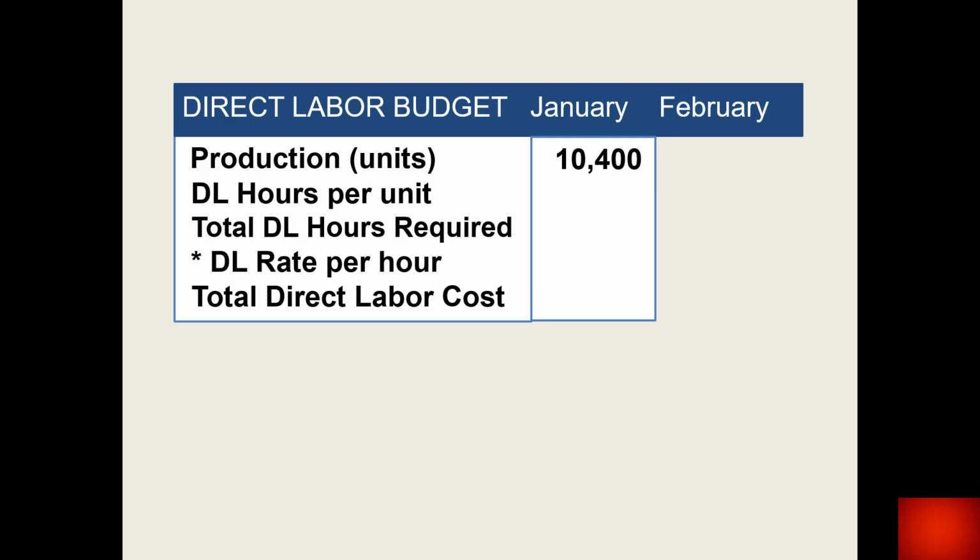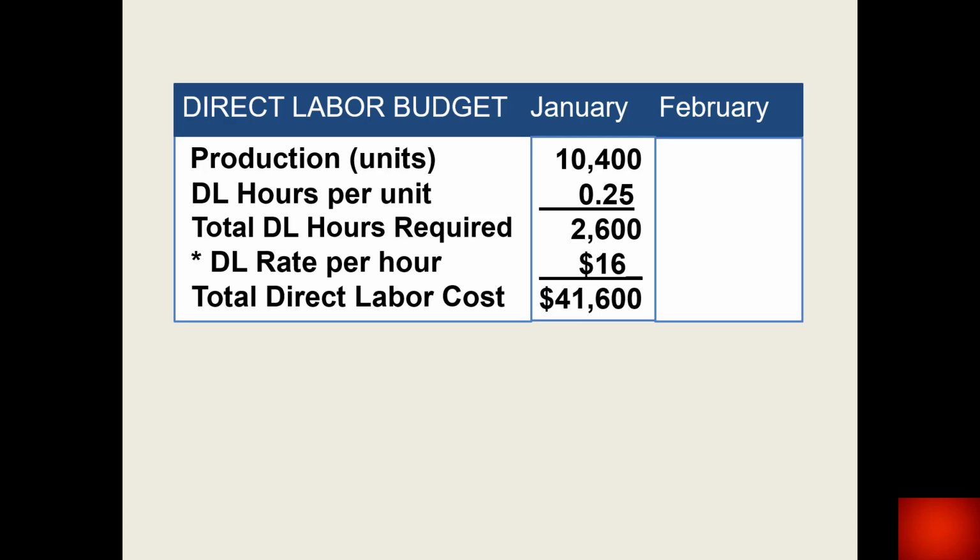In January, we expected to produce 10,400 units. Each unit requires a quarter of an hour of labor, so our total direct labor hours are 2,600. Our pay rate is estimated to be $16 per hour, so labor cost is estimated to be $41,600.